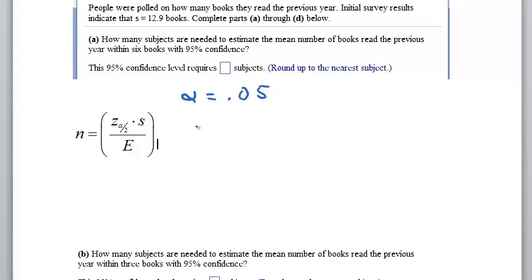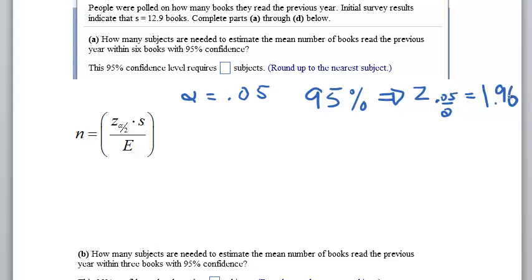So with that said, just remember what we're looking for here. 95%, what does that correspond to for my Z sub alpha over 2? We've done this before in other cases, so it's Z sub 0.05 over 2, which is equal to about 1.96. Hopefully you can still see that on screen. So 1.96 is my Z alpha over 2.